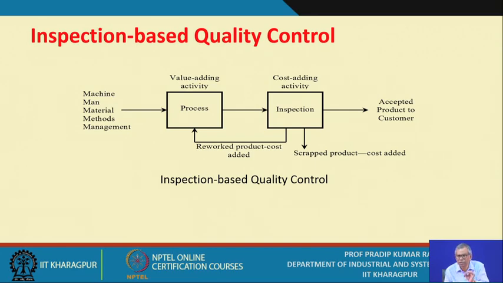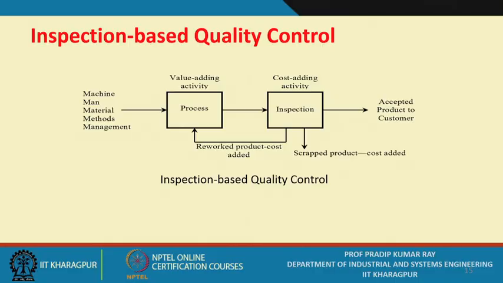Obviously a certain proportion may be scrapped, and another proportion, say 5% or 10%, may be reworked. So there are 3 types of outcomes: one is acceptable, the second is scrap, and the third is rework. Now obviously inspection is a cost adding activity, and what we say is, why don't you do away with the inspection?